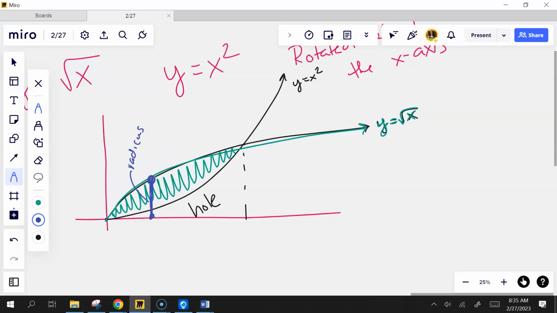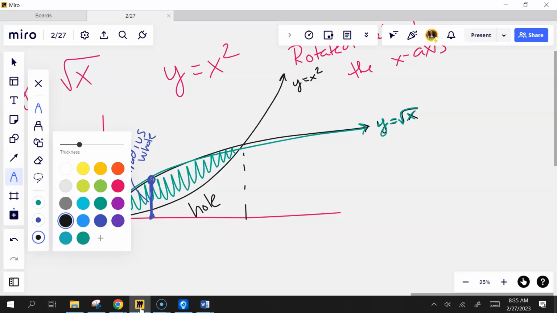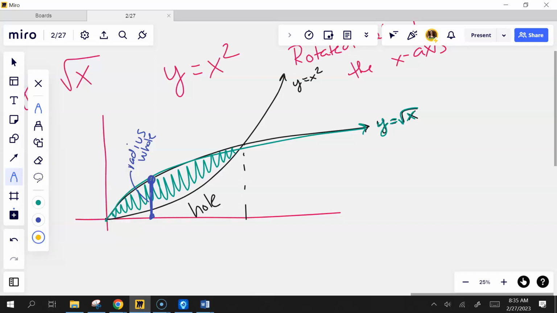The radius of the whole thing, down to where it's rotating around, that would be that distance. Do you agree? Can you see that? And then this from here to here would be the radius of the hole. Does that make sense?